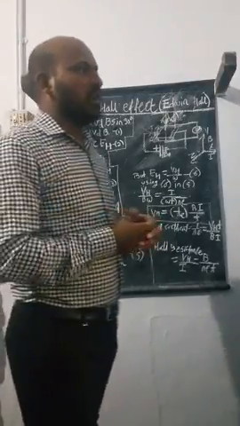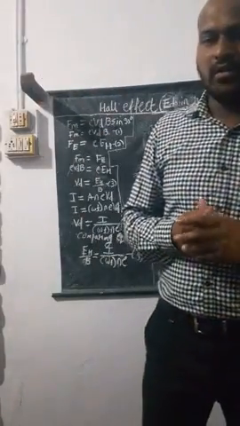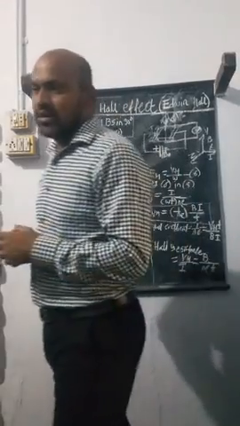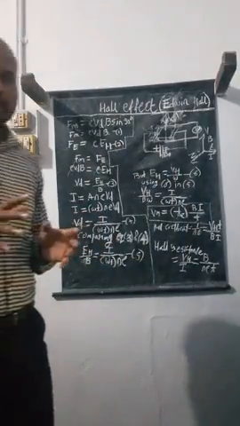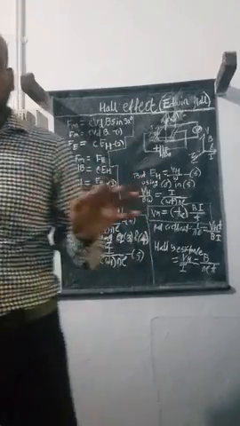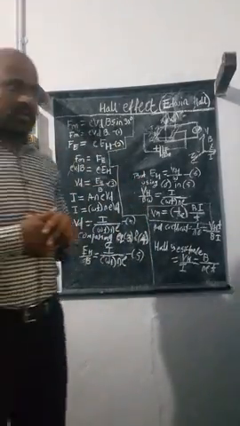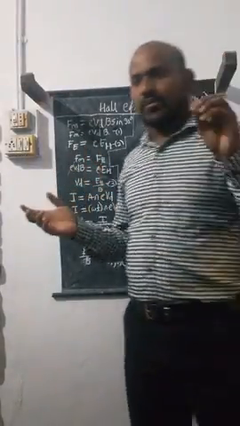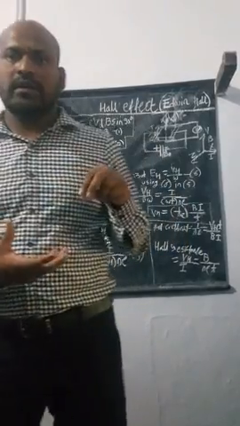The semiconductor is further classified into intrinsic semiconductor and extrinsic semiconductor. An intrinsic semiconductor is a pure semiconductor, because you don't use any doping. What is doping? Doping means the process of adding impurities. You can add pentavalent or trivalent impurities to the pure semiconductor.